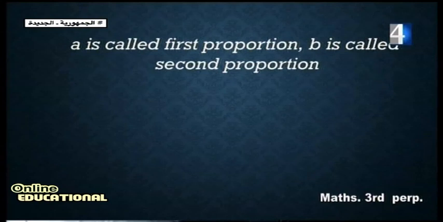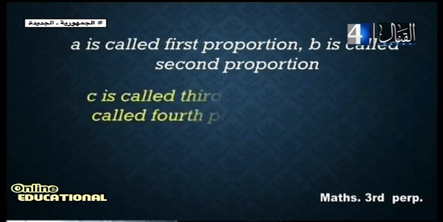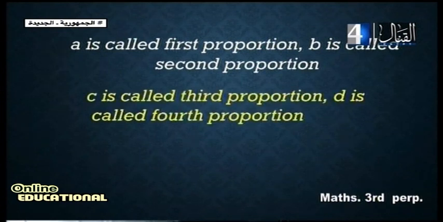A is the first number in the proportion, so it is called first proportion. B is the second number, so it is called second proportion. What about C? It is the third number written, so it is called third proportion. And what about D? It is the fourth number written, so it is called fourth proportion.